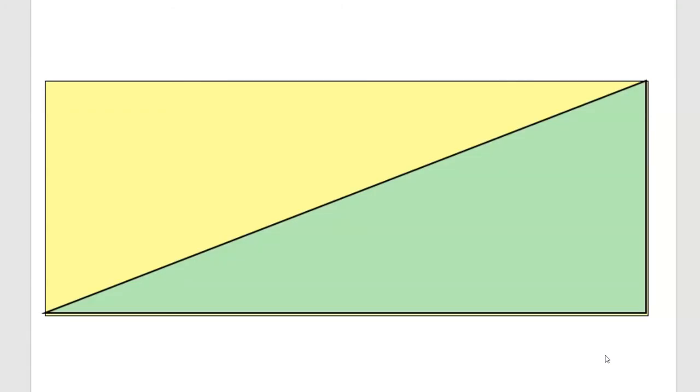In general, for any rectangle, you can put a triangle inside of it, and it will be half of the rectangle's area, as long as the base and the height are equal. Now this is an example where the triangle is a right triangle, so you can easily tell the base and the height.